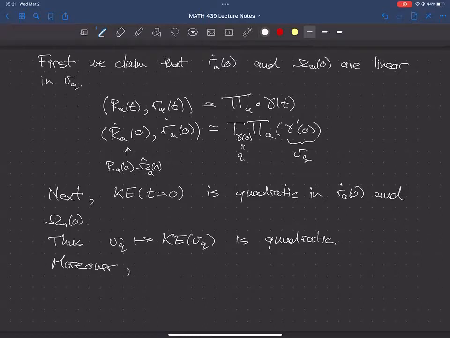So KE at t equals 0, which is equal to KE of VQ, is non-negative. We'll examine the repercussions of that next time.